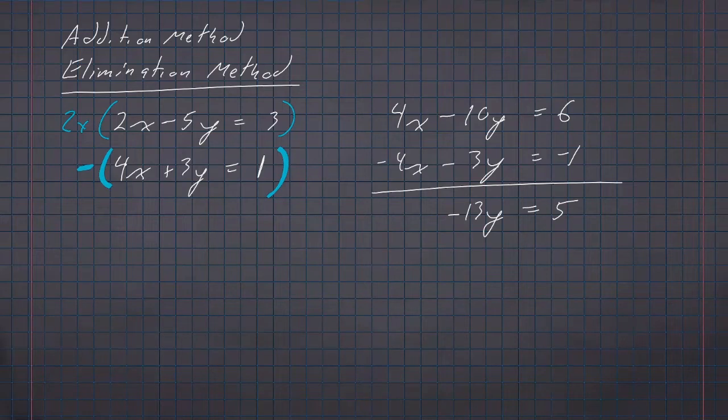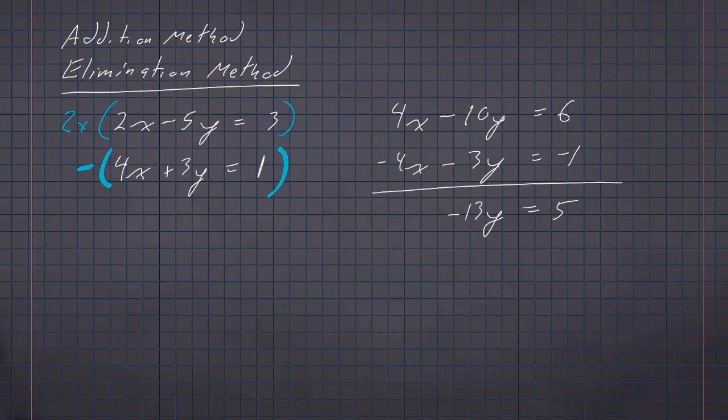This is sometimes called the addition method because it uses the addition property of equations. It's called the elimination method sometimes because we have carried out a process to eliminate x from our equations. Either way you think about it, it's the exact same result.